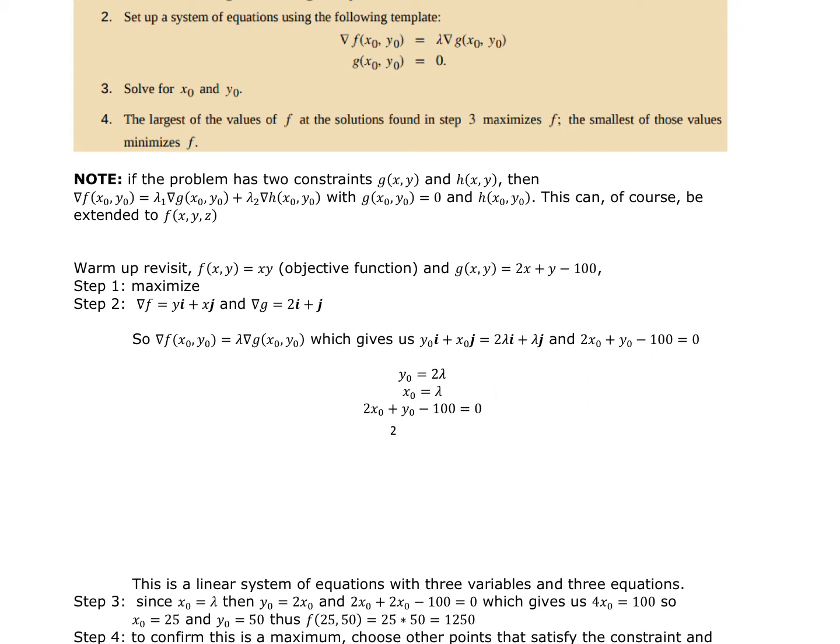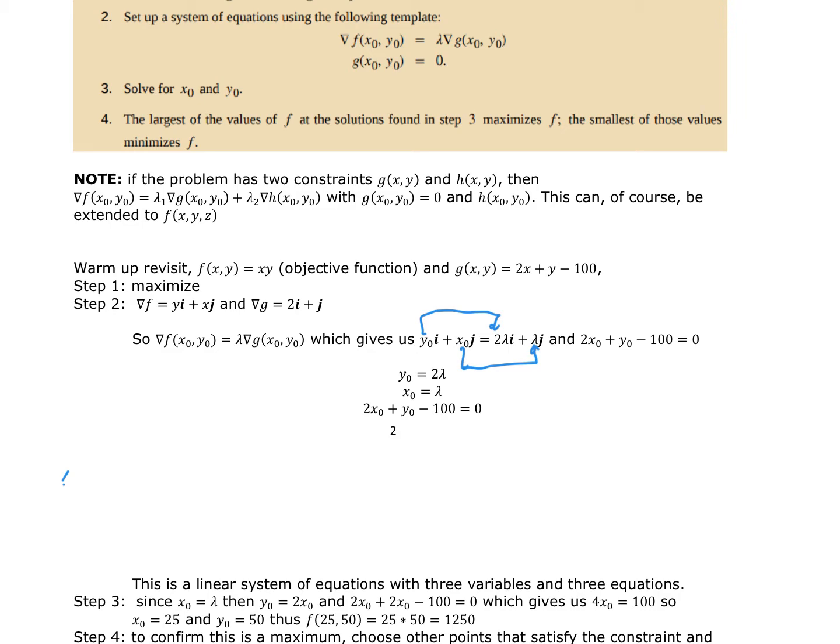Because these two vectors are equal, y naught has to equal 2 lambda, and x naught must equal just lambda. So I end up with y naught equals 2 lambda and x naught equals lambda.